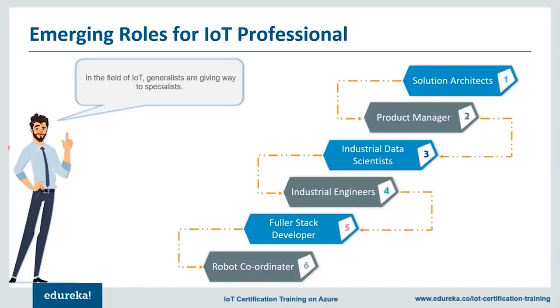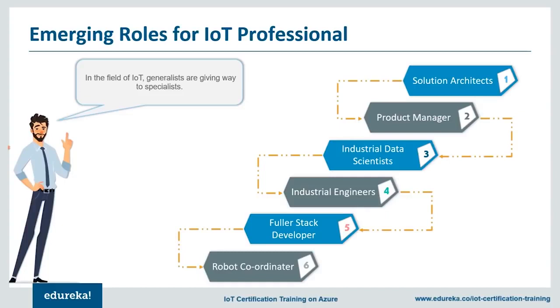Which brings me to another very important industrial job profile, which is the industrial engineers. As I've mentioned before, hardware plays a key role in the development of connected devices. For that, we need material specialists who can work on semiconductors that are used to make microcontrollers and microprocessors in those connected devices.